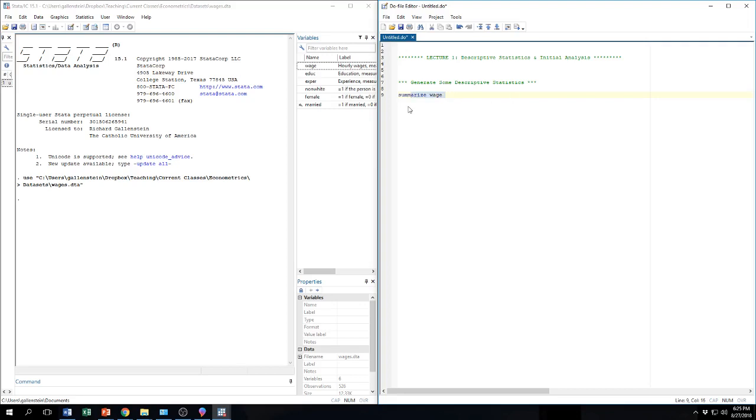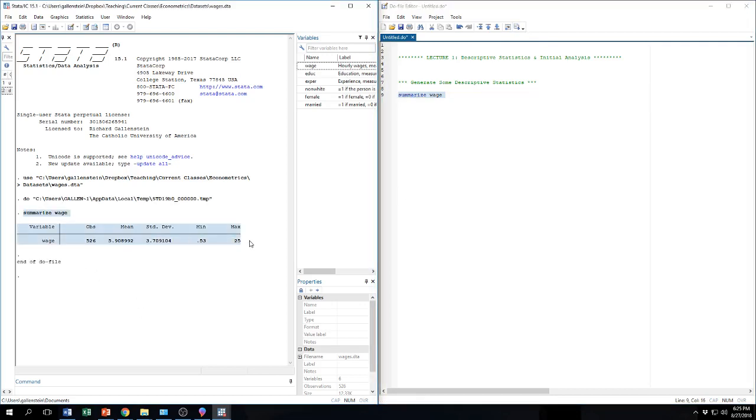I'm going to highlight this, click it, and there we go. We've got our output here. What are we looking at? This gives us some basic descriptive statistics of the variable wage. We have 526 observations.